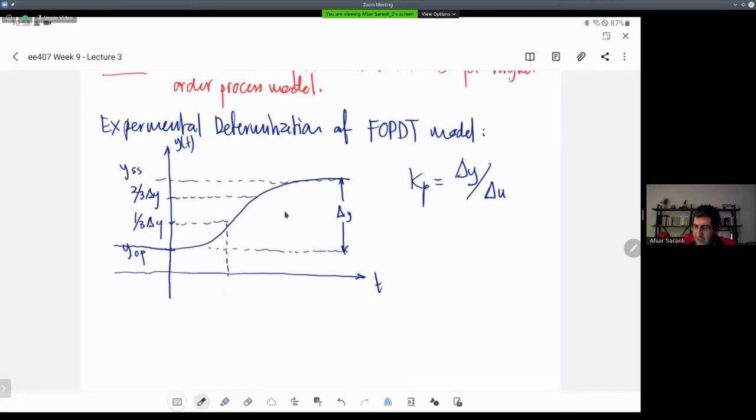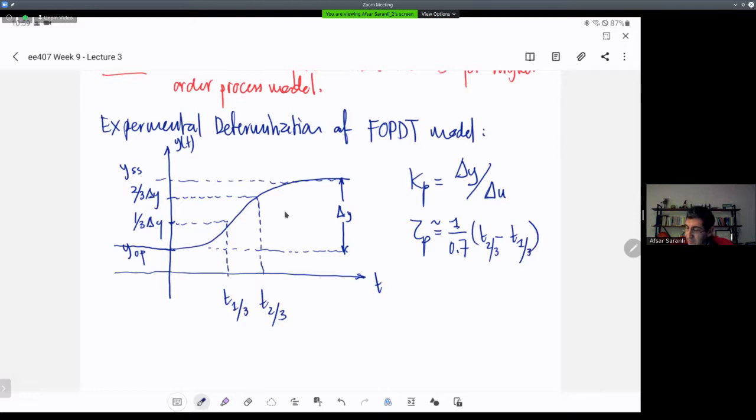So let's call these T13 and T23. Okay, and one approach in the literature is that the time constant of the process is given by this formula: you just find the time difference between the 2/3 and the 1/3, and then you divide that by 0.7, and that gives you the process time constant.